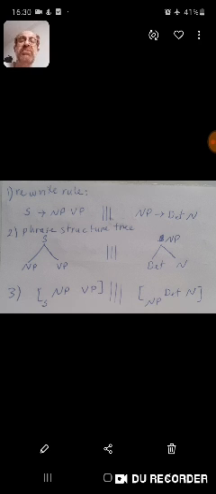Earlier we had something that you see here as number 2 in my, in fact, handwriting. Okay, it was a phrase structure tree, number 2, and there's something like an S, and S has got something like an NP to the left, and another branch VP to the right. There are two branches, okay?